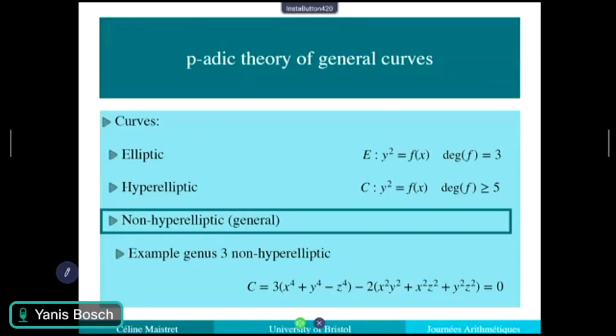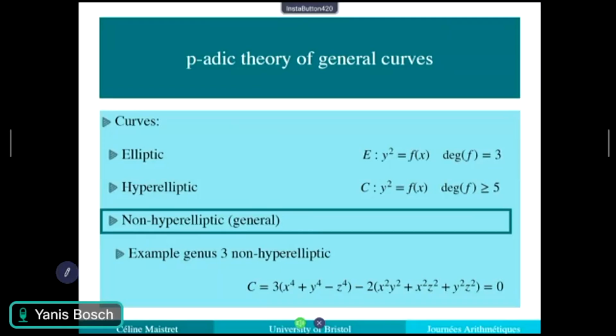I can't present examples of many non-hyperelliptic curves, but I want to emphasize that for hyperelliptic curves, if you understood the elliptic curve case, you could have guessed that the roots of the polynomial were containing enough information if you understand how they are p-adically.